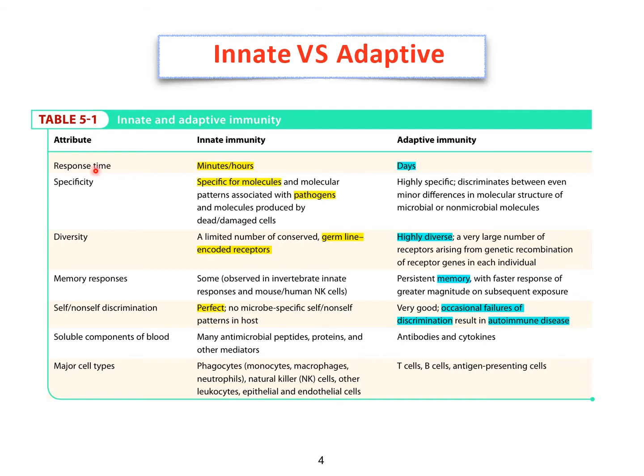Okay, the response time, specificity of the response, diversity of the response, memory responses, self or non-self discrimination, soluble components of blood, and major cell types. So under these headings we have seen the differences between innate and adaptive immunity. So write down this slide in your notebook, it is very much important.